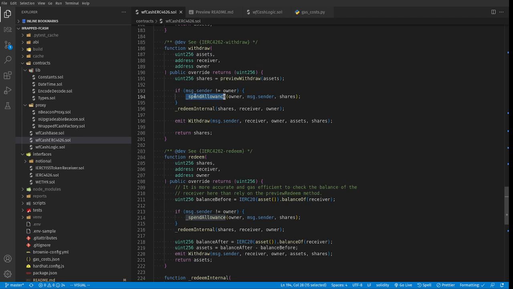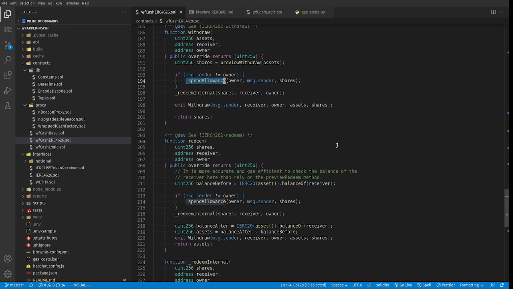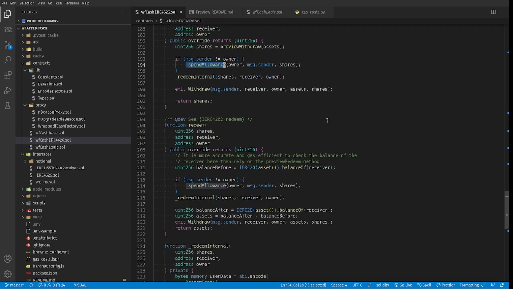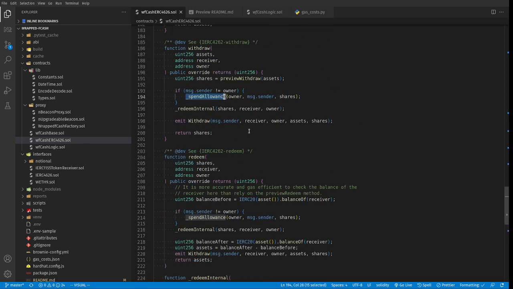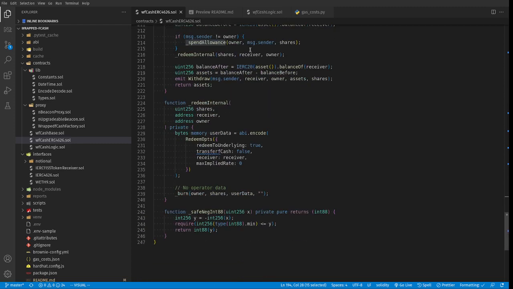So there may be some dust in terms of what's transferred when you withdraw and redeem from Notional. But that sort of covers a lot of the interaction here.